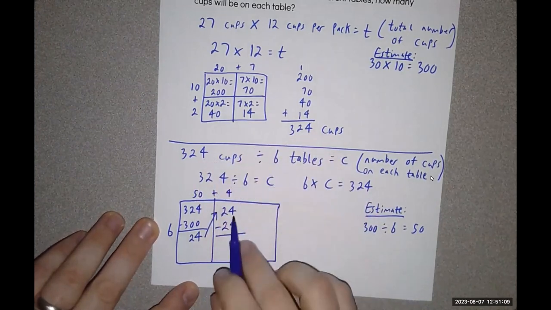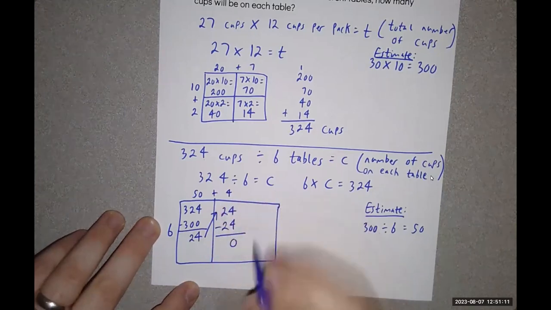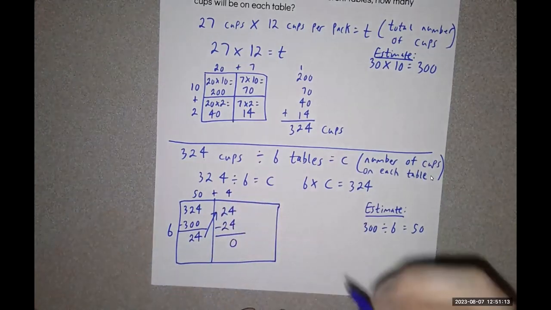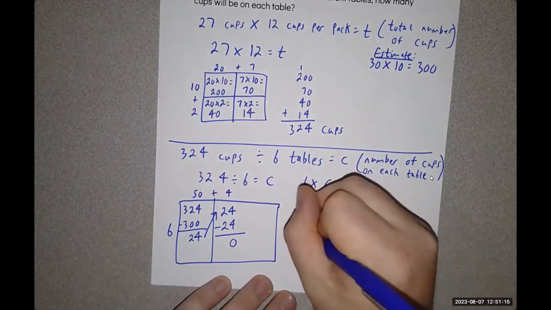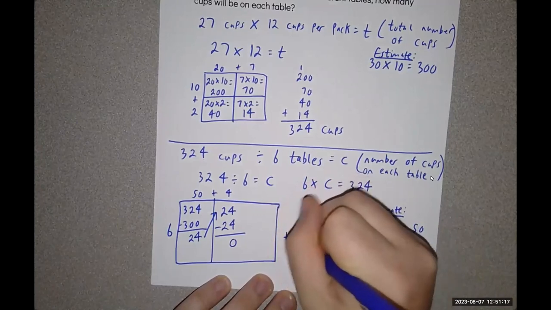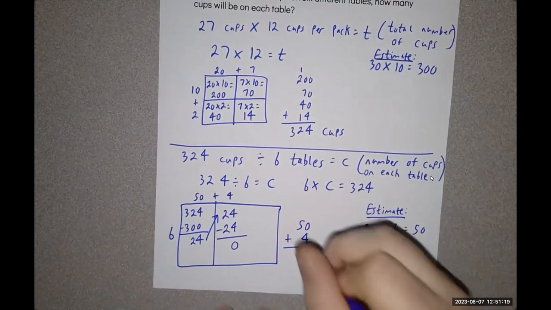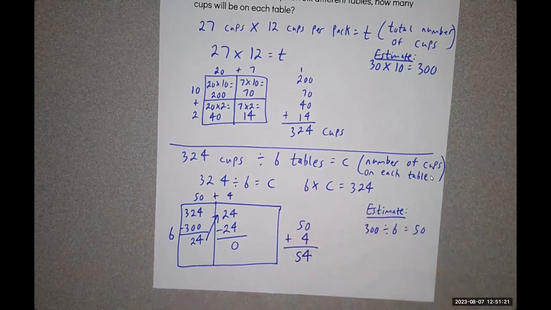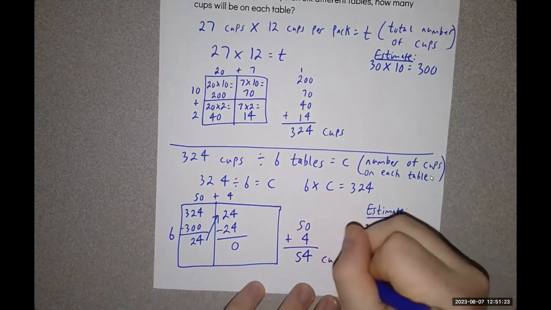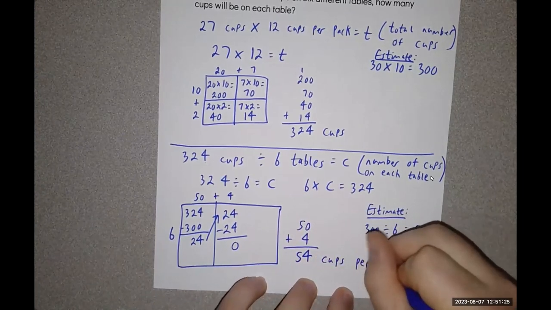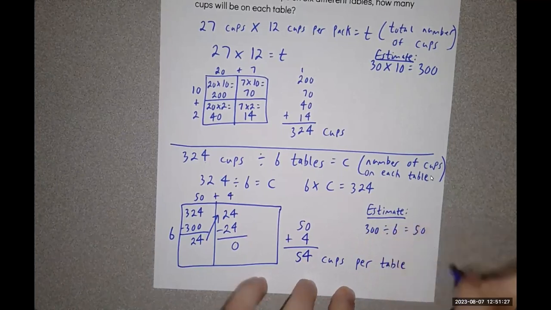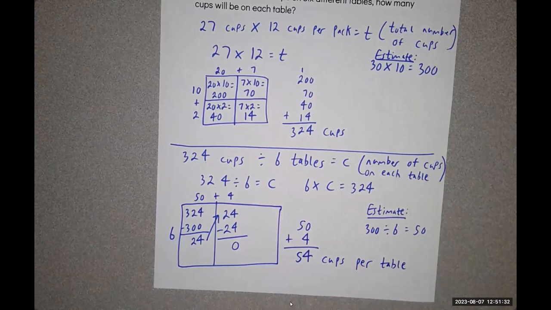So now when I do 24 minus 24, I equal 0, and my remainder is 0. So now I need to add together 50 plus 4. And 50 plus 4 is 54, which is going to be 54 cups per table. So the solution to our problem is 54 cups per table.